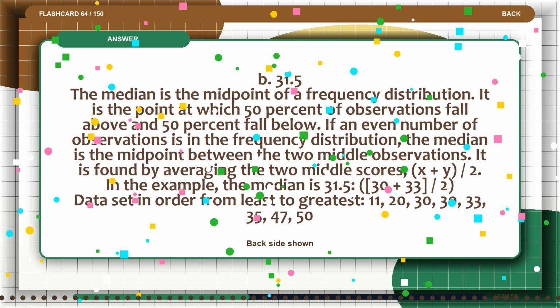It is found by averaging the two middle scores, (x plus y)/2. In the example, the median is 31.5, (30 plus 33)/2. The data set in order from least to greatest: 11, 20, 30, 30, 33, 35, 47, 50.